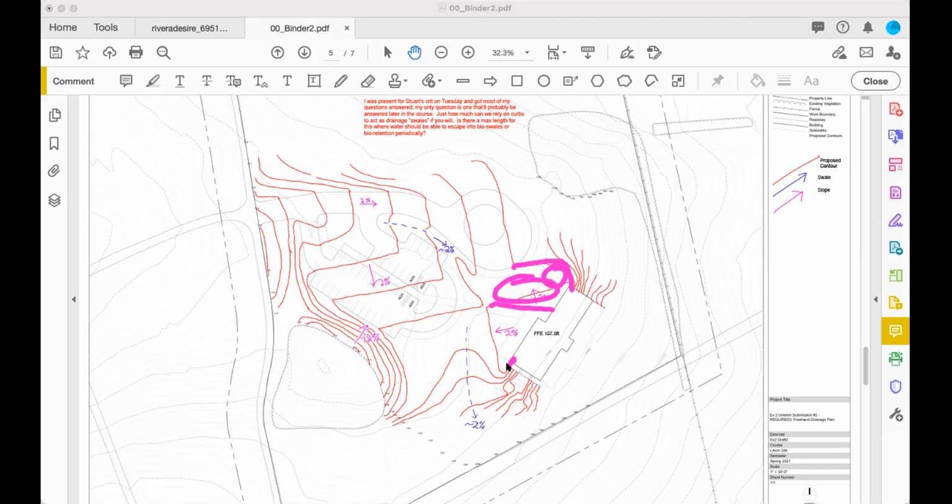The contours will need to hit the wall more in that manner. Okay, that's how you connect back. 13, 12, okay. There's only a tiny little issue right there.